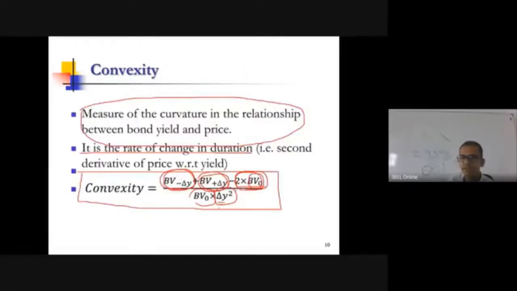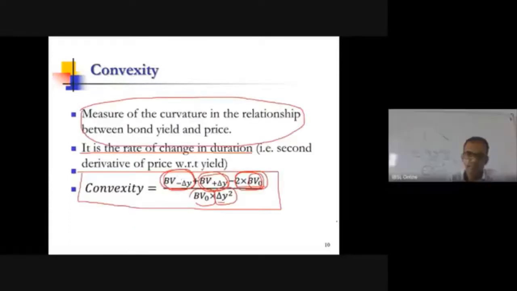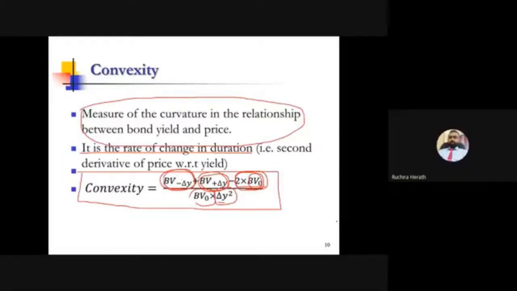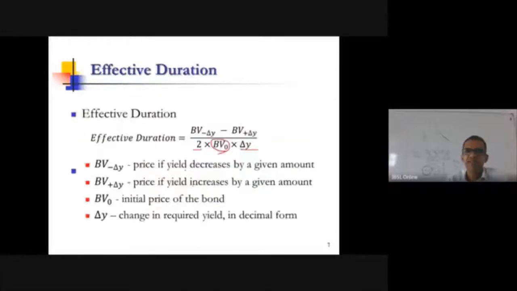So this is how we calculate convexity. BV plus delta y means price when yield increases. Minus delta y means when yield decreases. Same as in the effective duration.